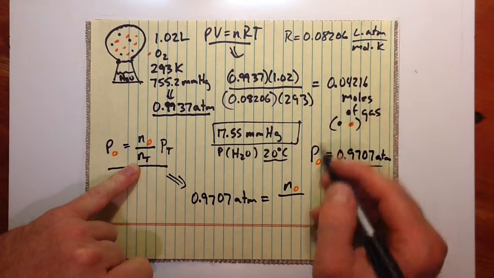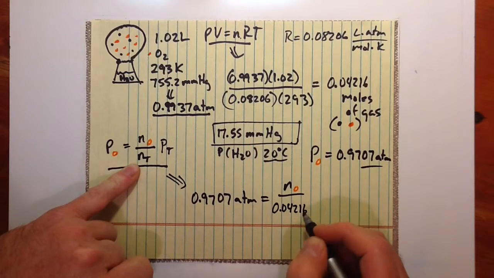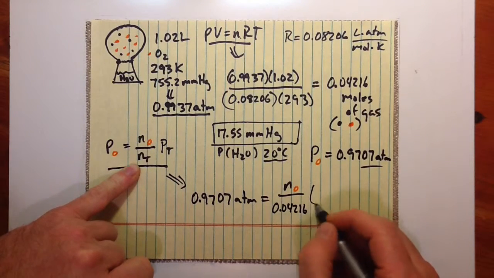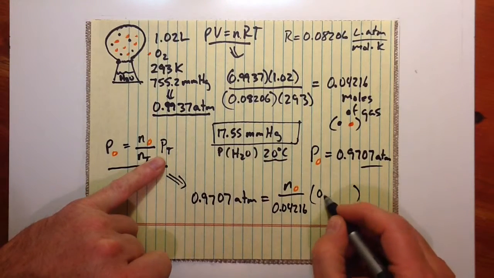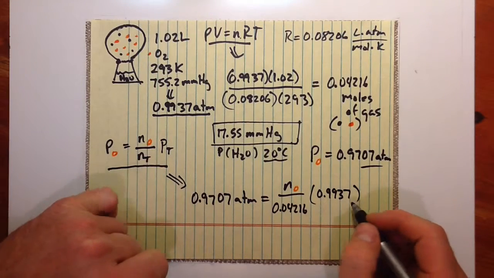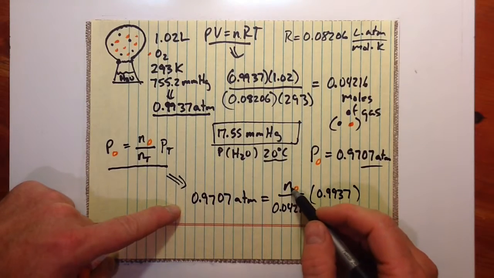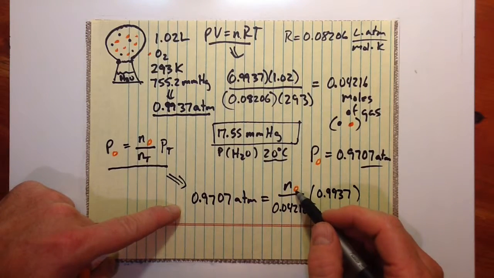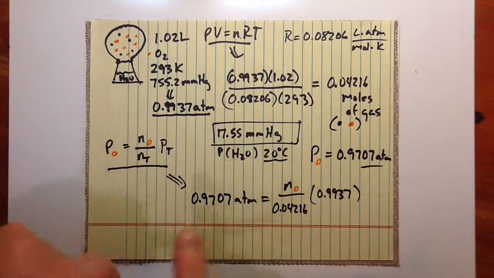Total n, we had just calculated as 0.04216, and we times that by our total pressure we had as 0.9937. Now I'm leaving the units out, but we can then isolate our n, number of moles of oxygen, and then we'll be done. That's it.